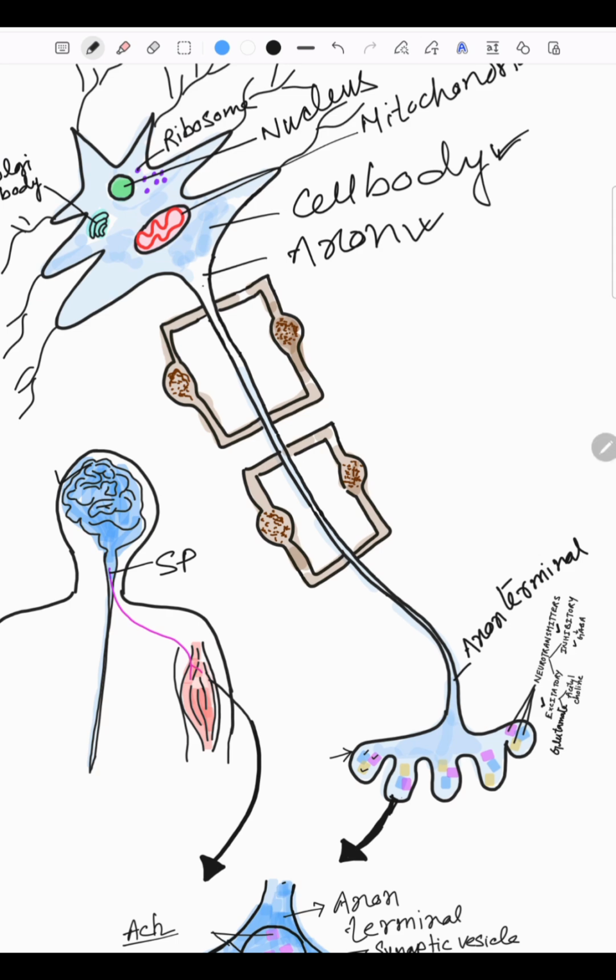Okay, so here the action potential is generated within the axon, and then it travels down the nerve axon to the neuromuscular junction, down this way, here, here and here, so on, to the axon terminal here.